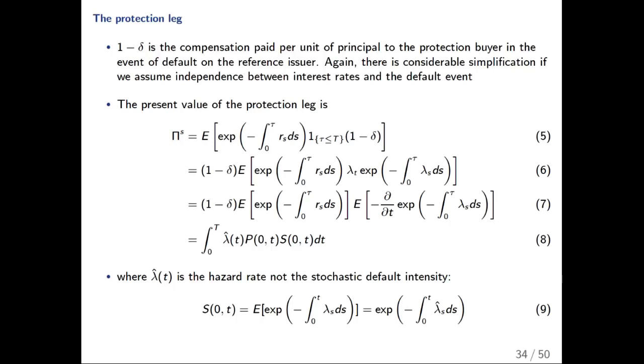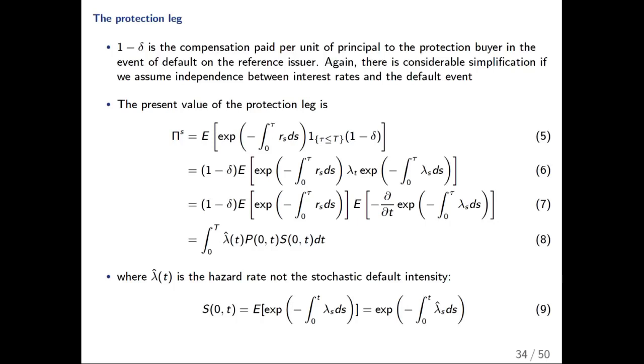So what's the survival probability up until t? The survival probability up until t is the exponential of minus the integral between 0 and t. Okay? And then what's the probability of default instantaneously at t? It is lambda t times this exponential. Right?